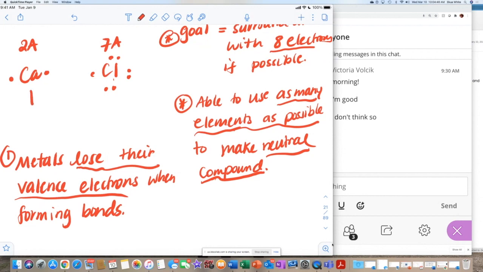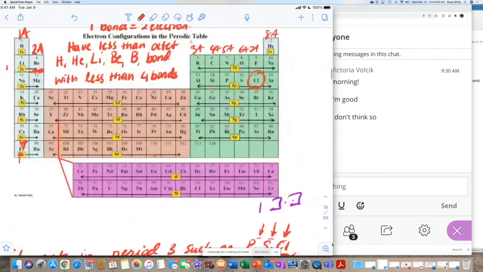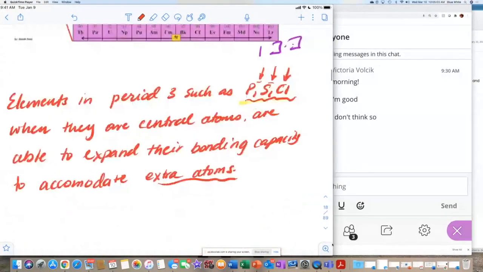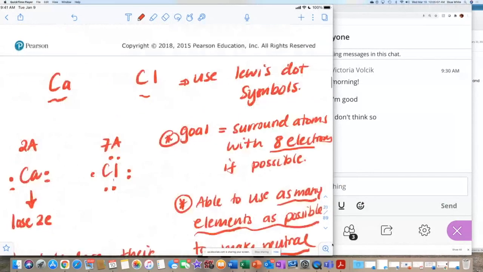That means the future of calcium is to lose 2 electrons. These are its valence electrons, right? Remember, calcium is to the left of the zigzag right here, so calcium is a metal. Chlorine is a nonmetal. What is the nature of the nonmetal?